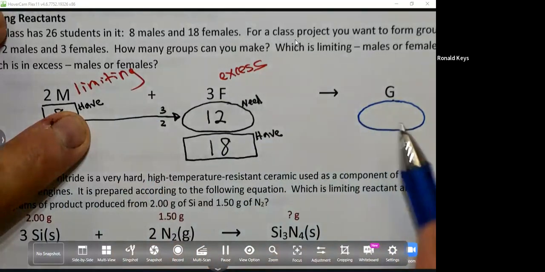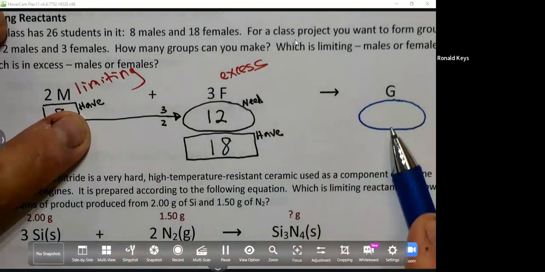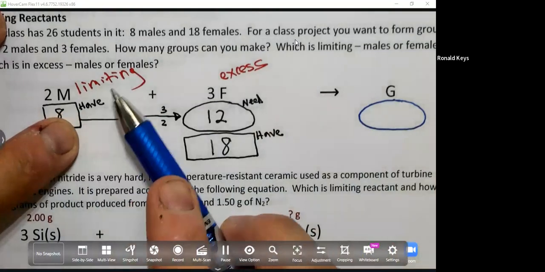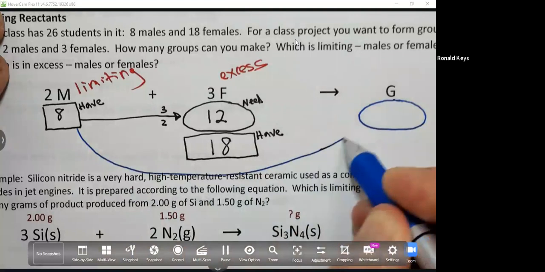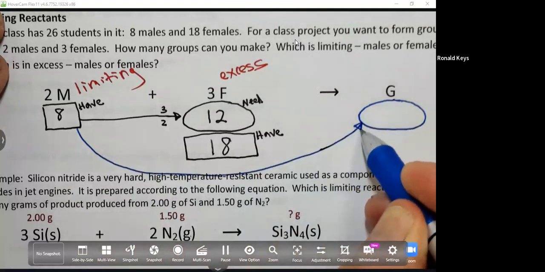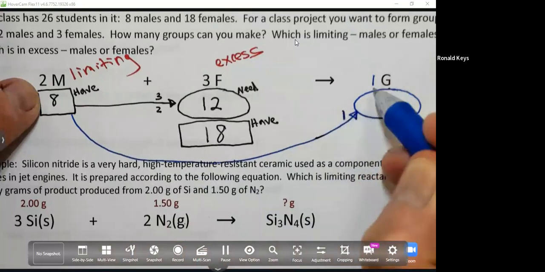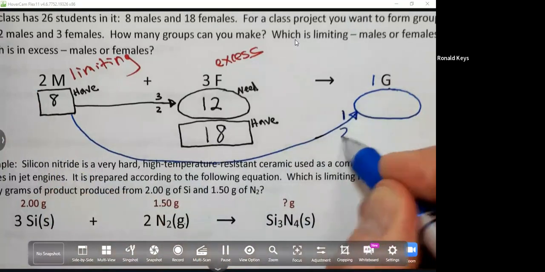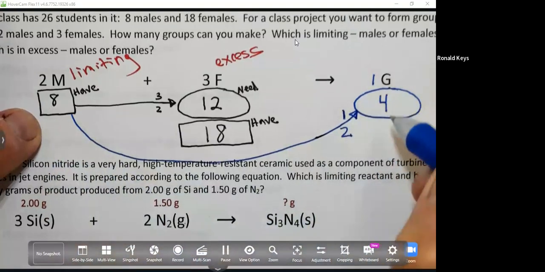You are going to stop making products on the right when you run out of what you have of the limiting one. So all you do is come out of what you have of the limiting one, do the mole ratio step, which is 1 over 2, 8 divided by 2, 4 groups, right?